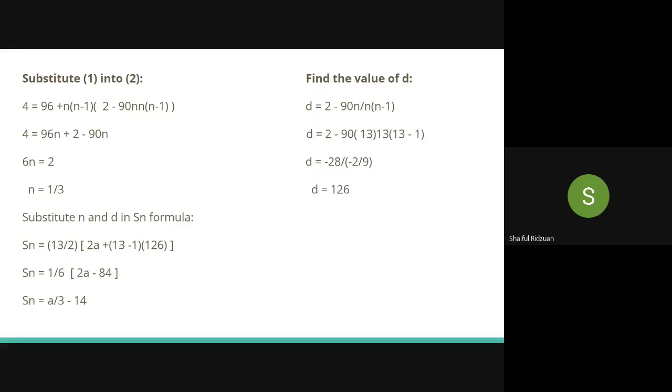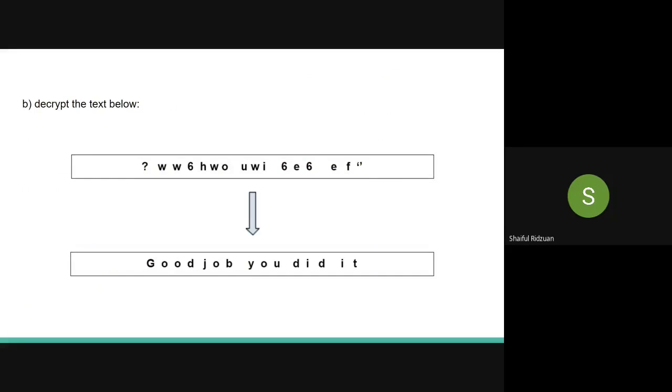Okay, next. For task B, we must find the meaning of this.